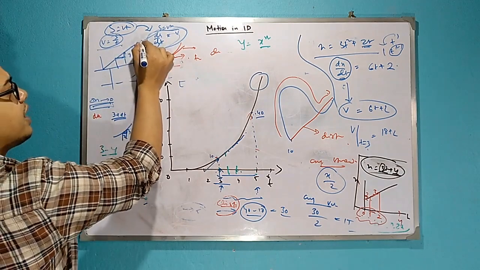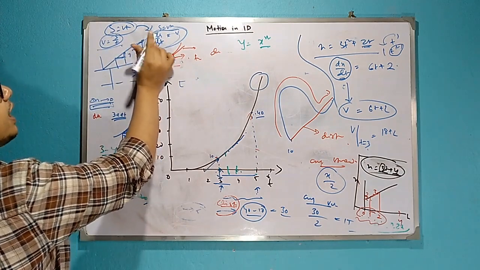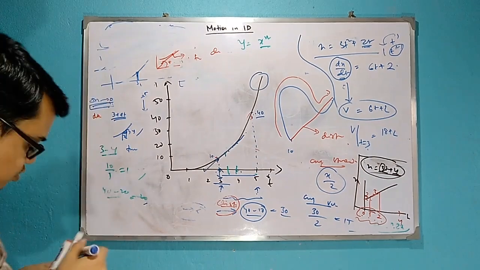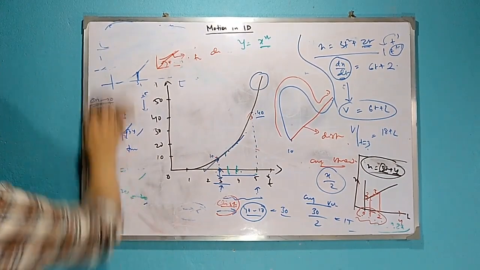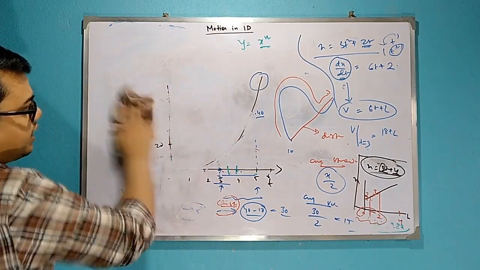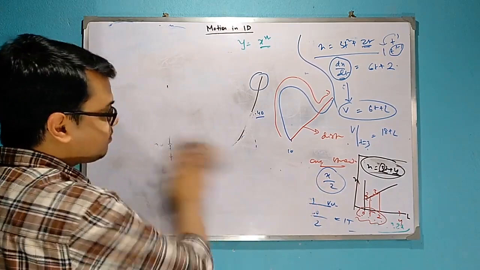So its rate of change is always the same. So this is uniform motion. So I think you have understood the instantaneous velocity.